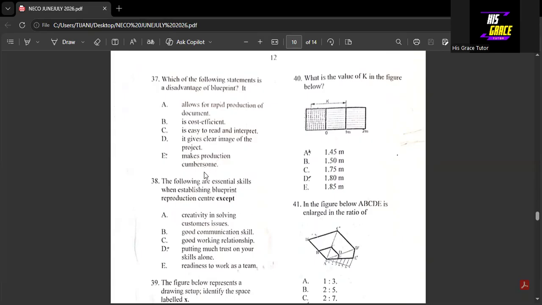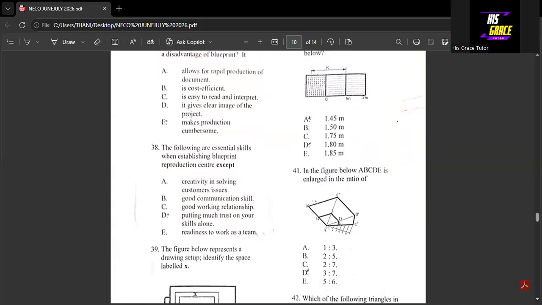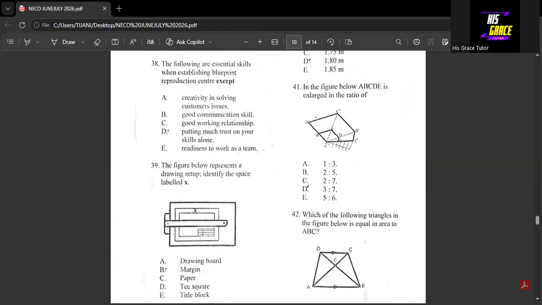So that is the answer, option E. Question 38: the following are essential skills when establishing a blueprint in the production center, except putting much trust on your skill alone. So option D is the answer to question 38.